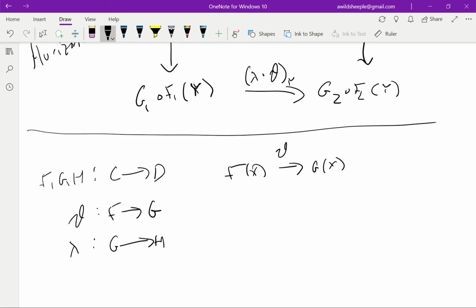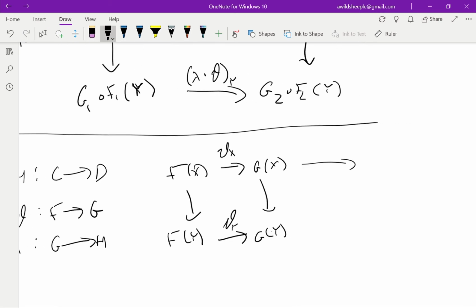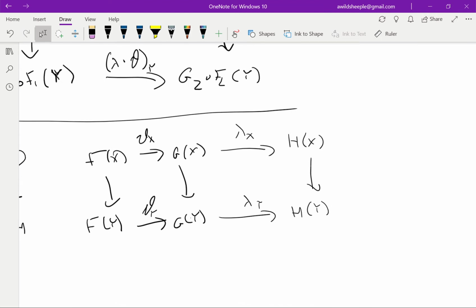I can draw our theta diagram, and then I can immediately after this apply lambda. And this is what we call the vertical composition.